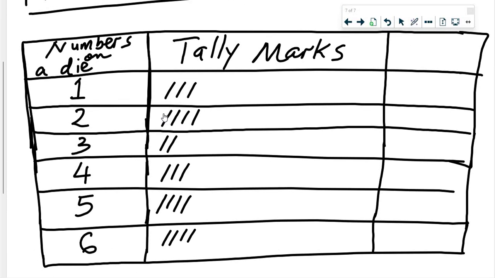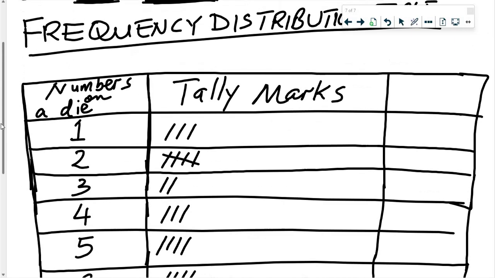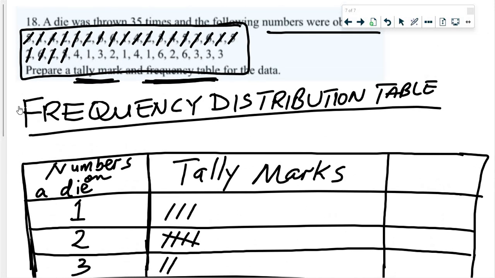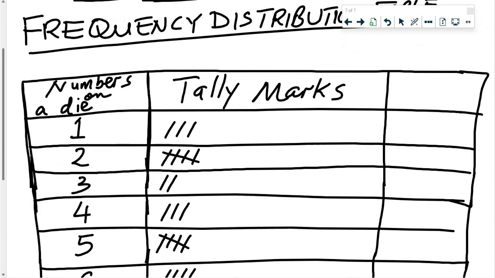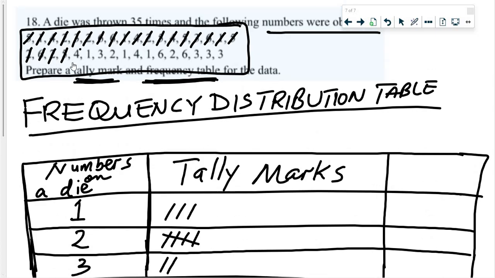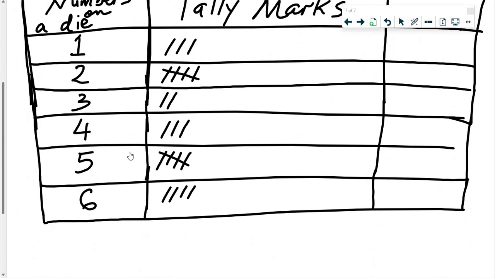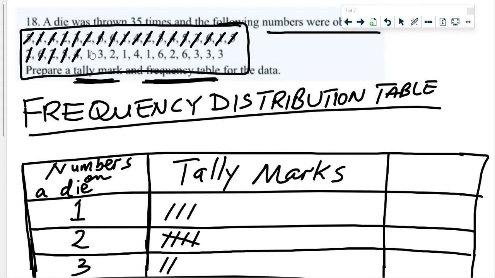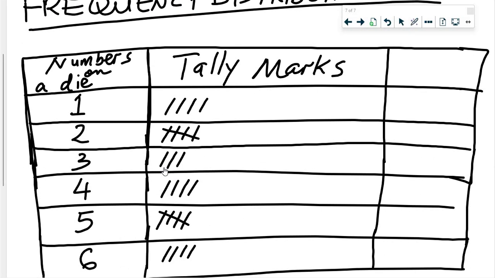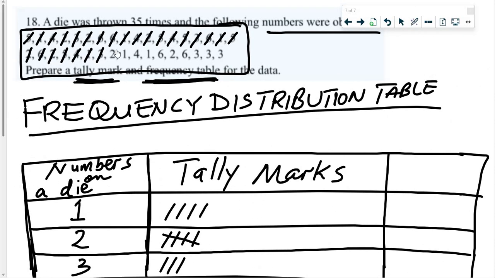Then you have 5. Record it here by forming a bundle. That was 5. Then you have 4. Record it here. Then you have 1. Record it here. 3. Record it here. 2.